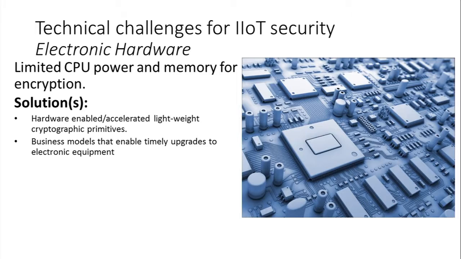I think the other thing that we have to recognize is that there's going to have to be different business models put in place where companies are looking at how do you separate the controls aspect from the physical asset that may be in a plant or in a utility, and be able to upgrade those electronics periodically and do that on a regular basis so that you can stay cyber secure in your environment.